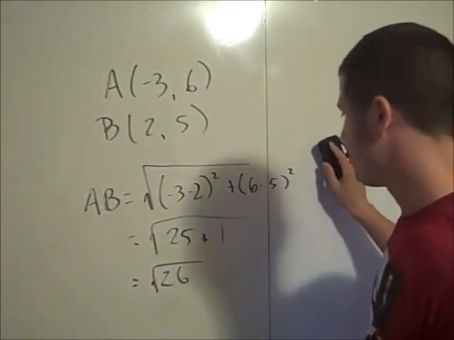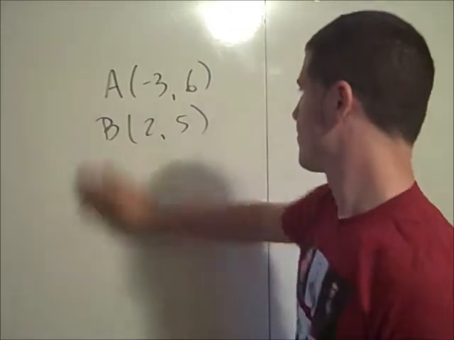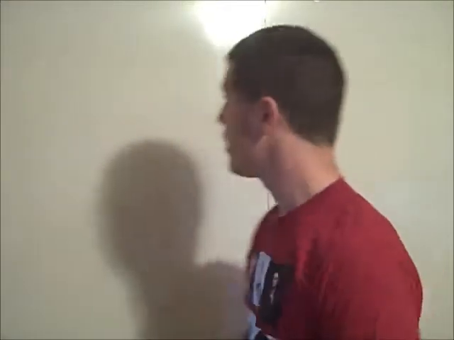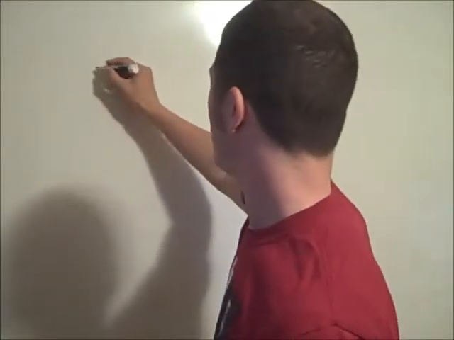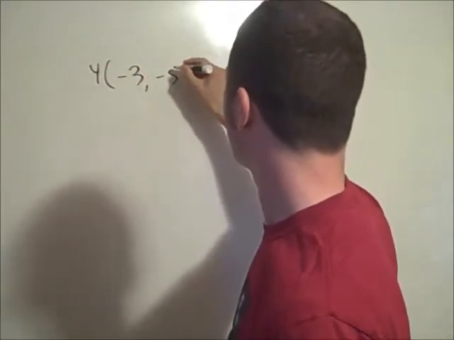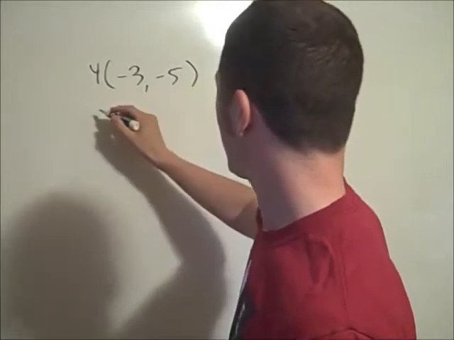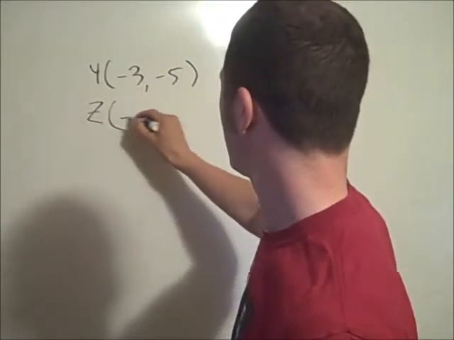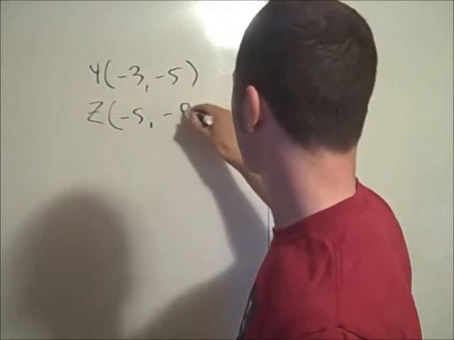So maybe one more example. Maybe y is the point negative 3, negative 5, and z is the point negative 5, negative 8.